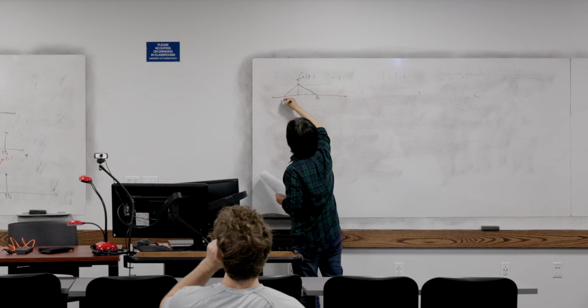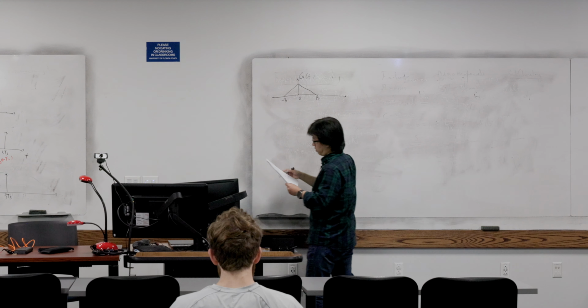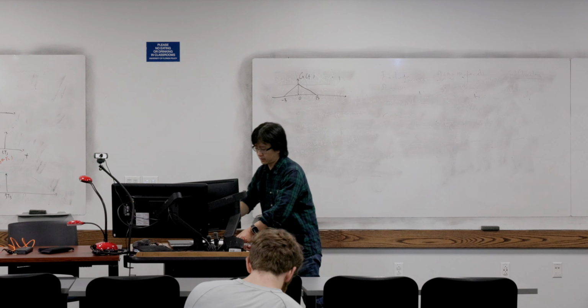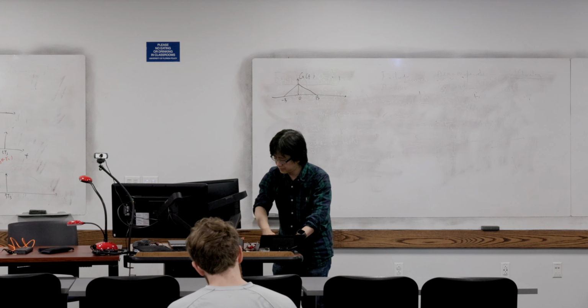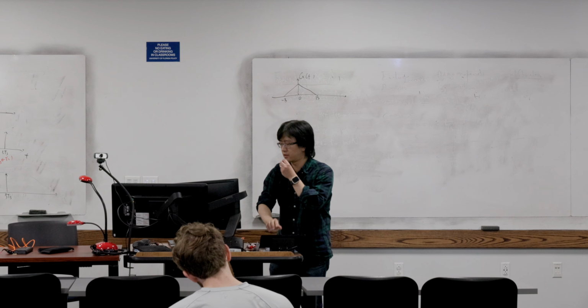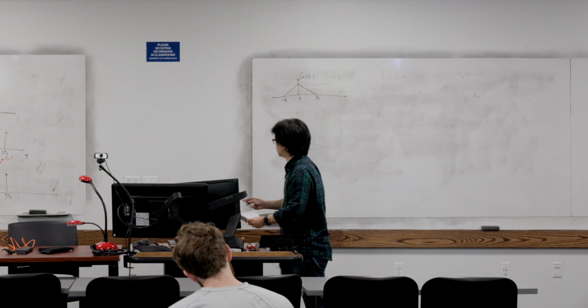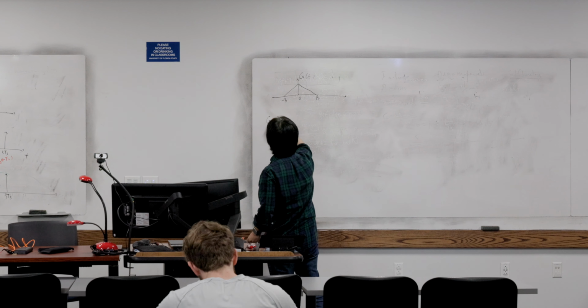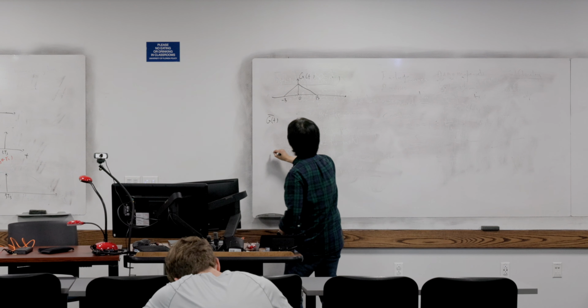Here's B, here's minus B, and 0. A triangle. Now, after the sampling operation, what does G bar of f look like?